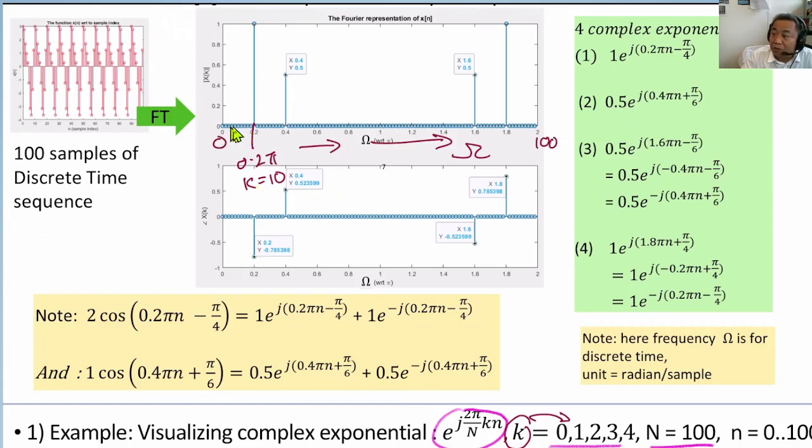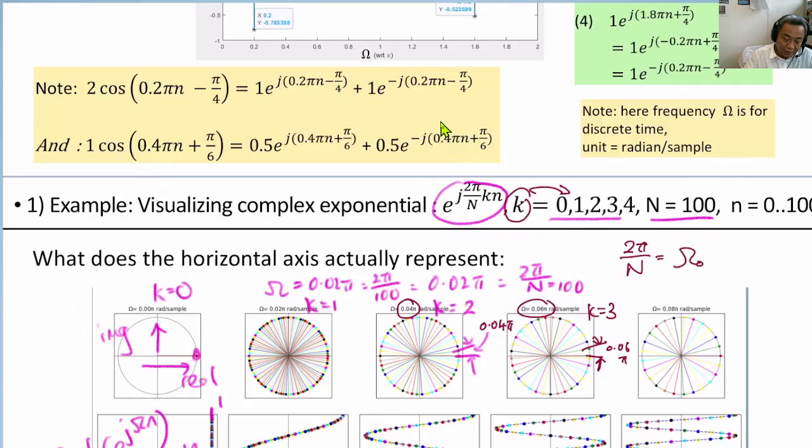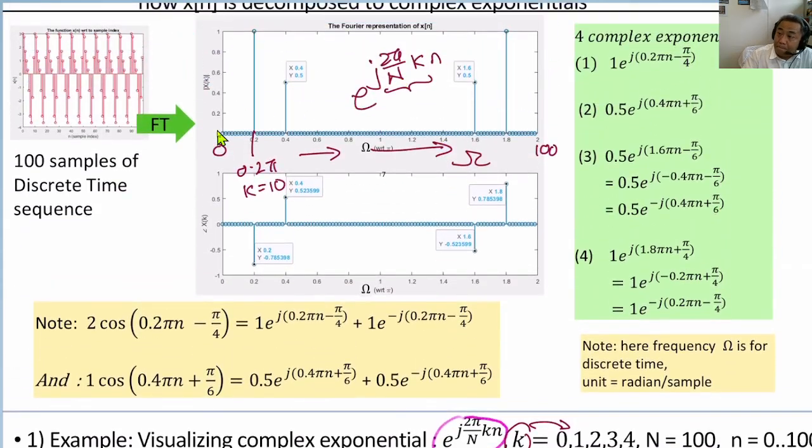So actually, the horizontal axis shows us exactly where k is, the kth harmonic of the complex exponential e to the j 2 pi over N kn we're interested in. Okay, so this is the interpretation of this complex exponential with respect to the horizontal axis of the magnitude and the phase response.